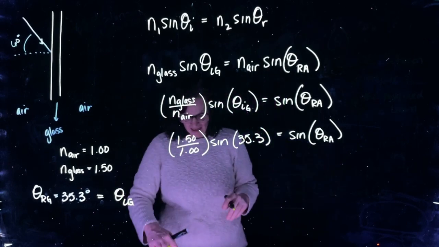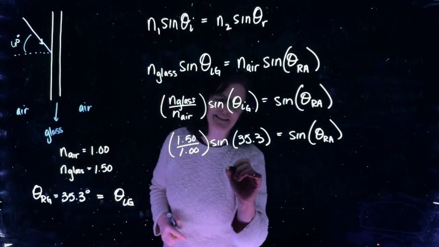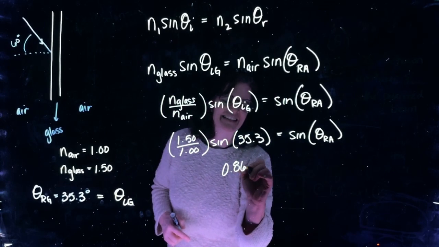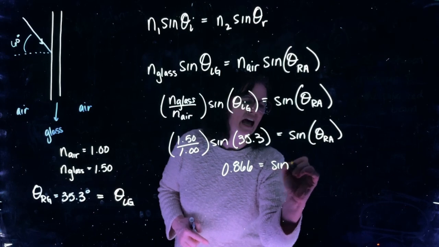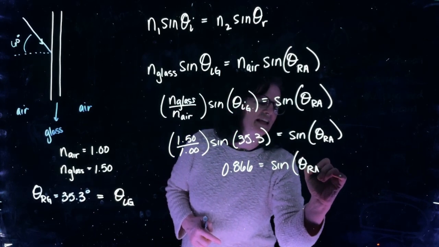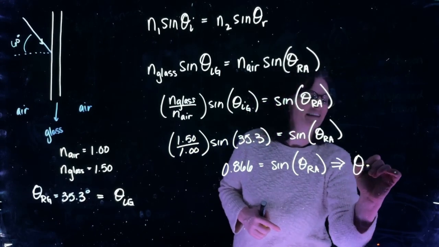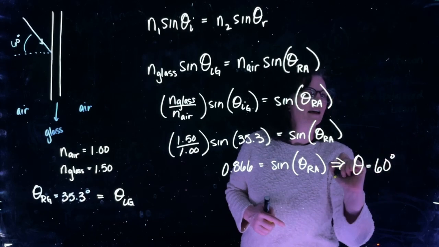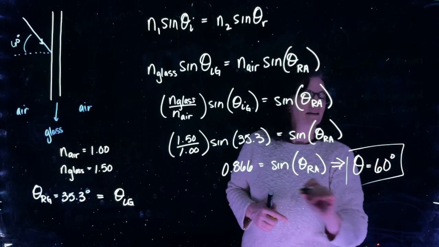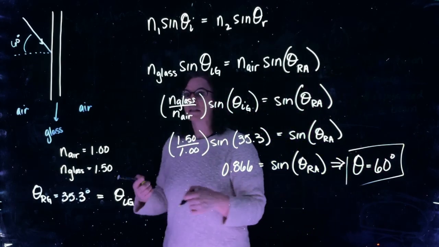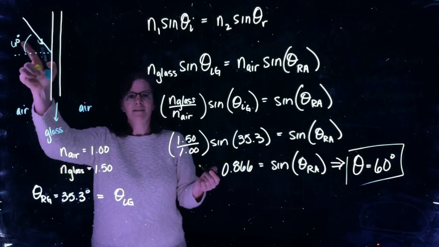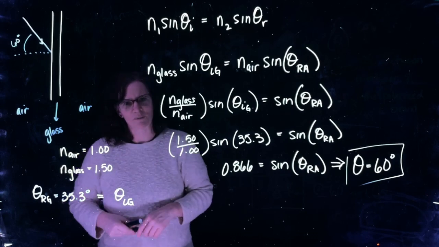If I do that math, 0.866 is equal to the sine of the refracted ray in air. And if I take the inverse sine, that gives us an angle of 60 degrees. Well, now isn't that interesting? 60 degrees was, of course, my incident ray to start this problem.